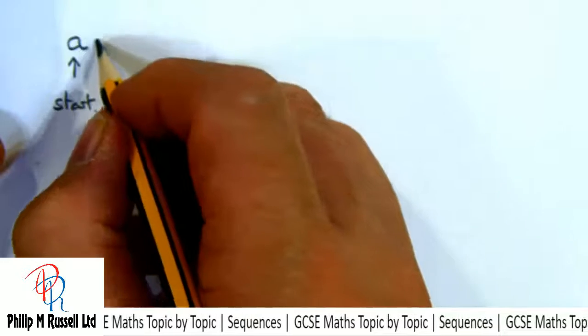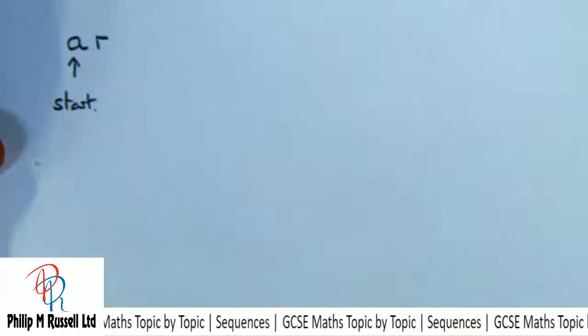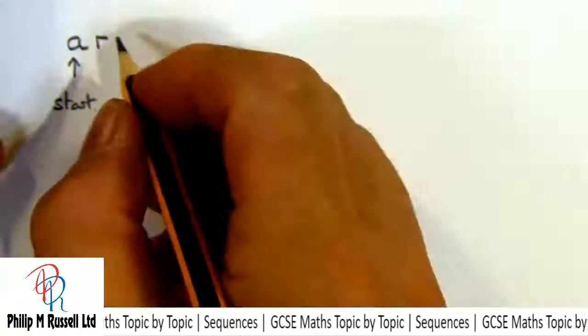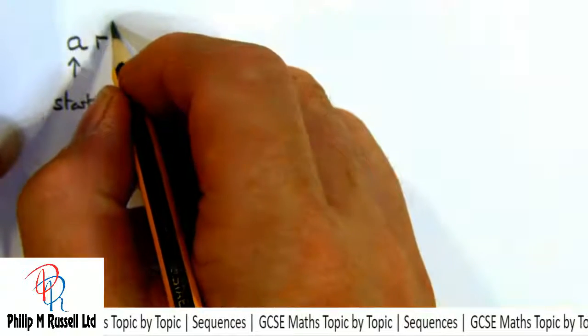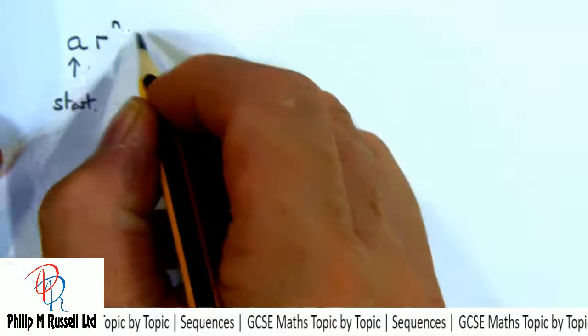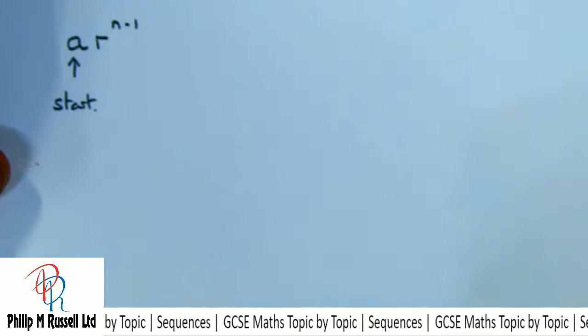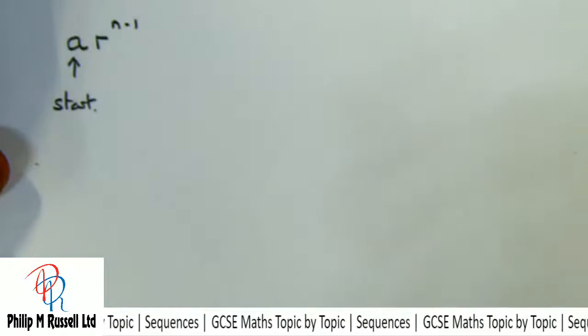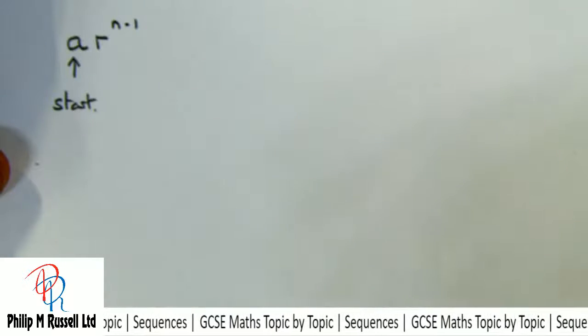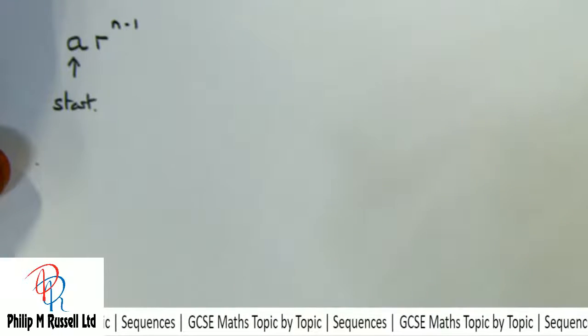We multiply that by my common ratio, and we do that to the power of n, but it's always n minus 1. Let's have a look at this and see what we can do.